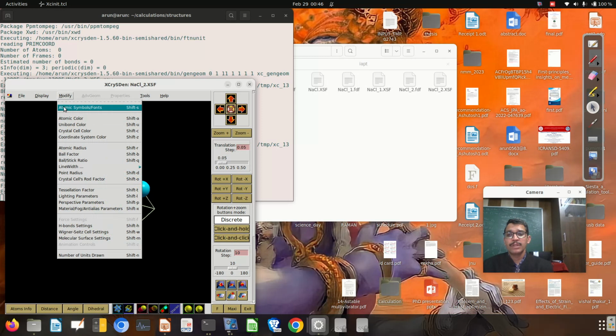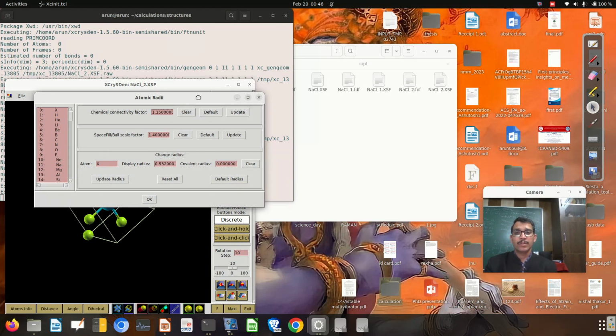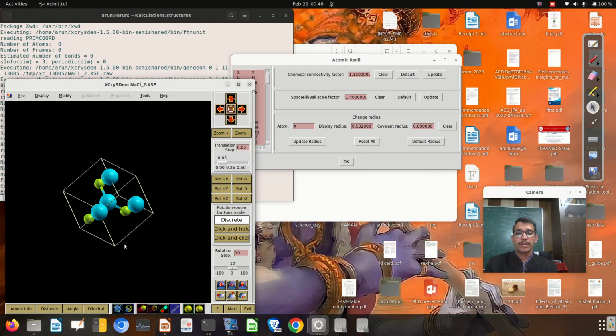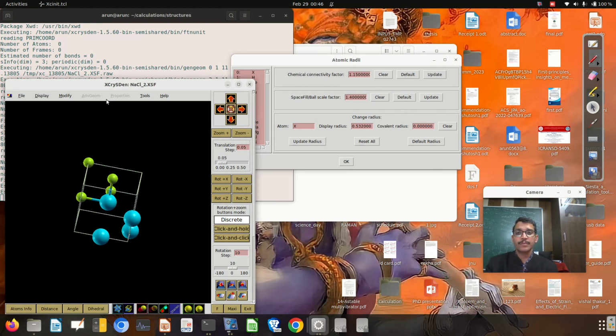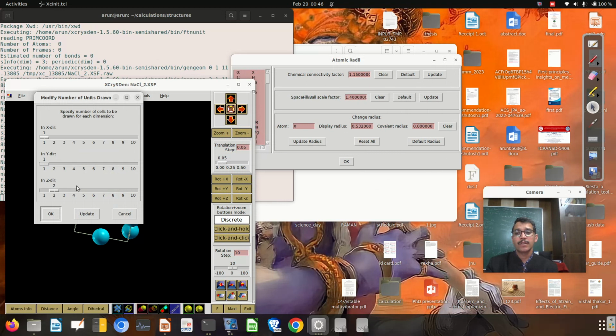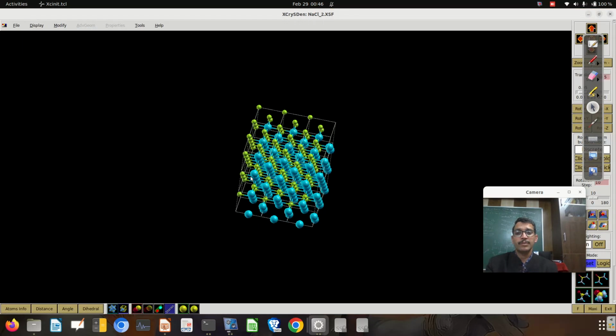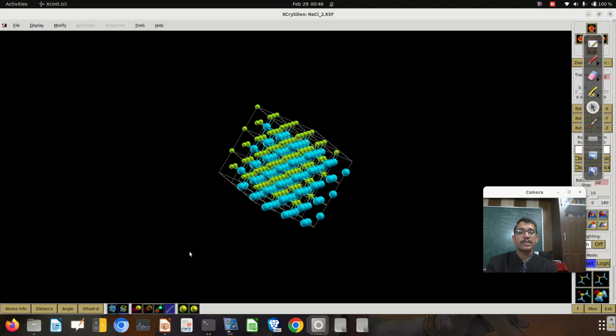For example, go to modify atomic radii. Let me change it a little bit. So if I repeat it, then it gives me a similar type of structure of sodium chloride.